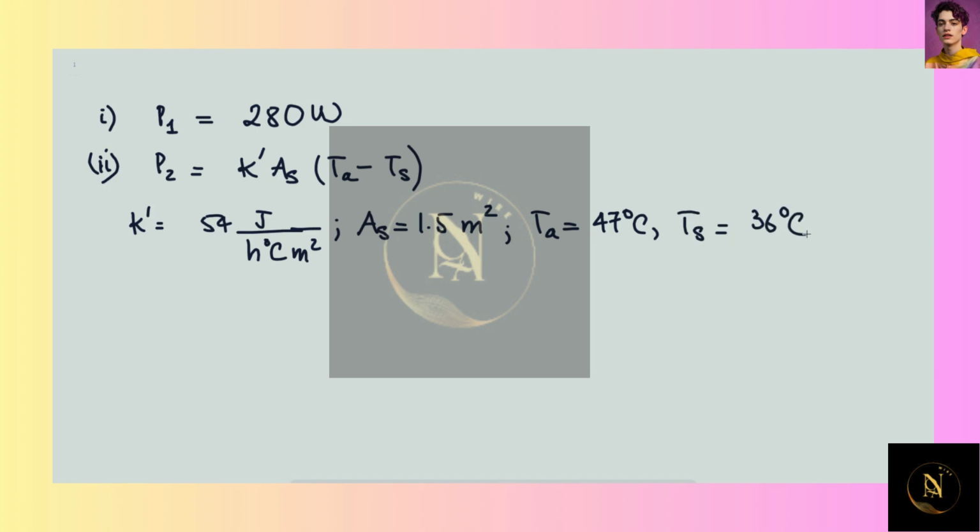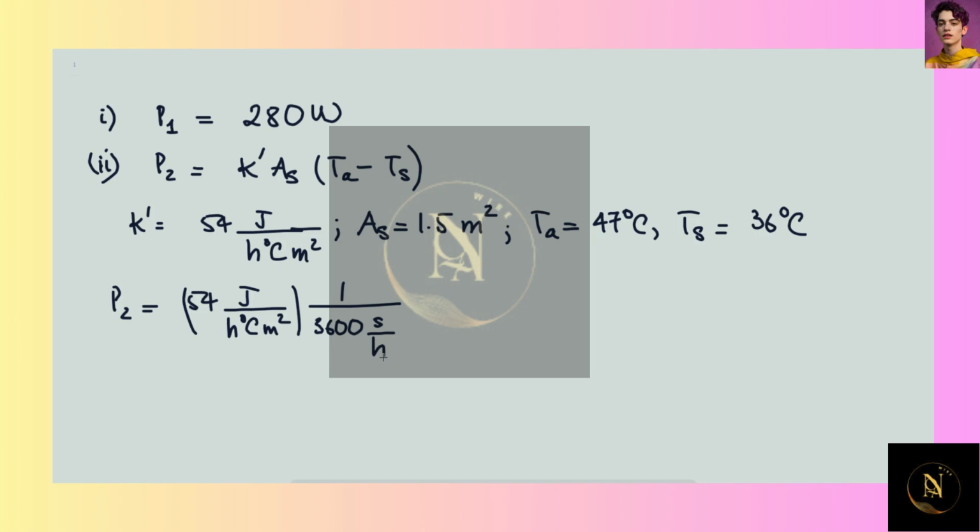So from these numbers, we can plug into this formula and calculate P2. P2 is going to be 54 joule per hour degrees C meter squared, but we have to convert this number to joule per second. In order to do that, we multiply by 1 divided by 3600 seconds per hour, because there are 3600 seconds in every hour.